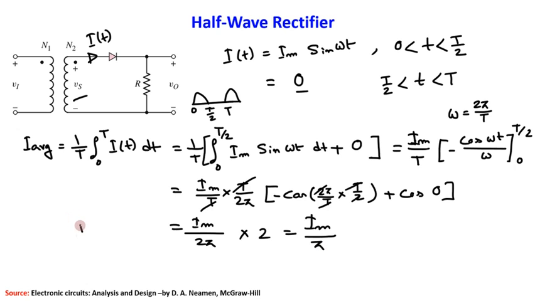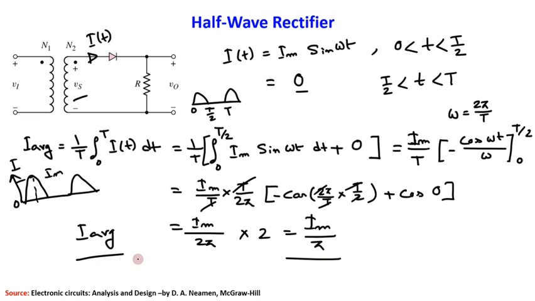So we can see then the average value of current for a half wave rectifier is Im by pi. You understood what is Im? So suppose the sinusoidal current waveform is this, then this is basically the Im. Fine. So if I ask you, then what will be the V average?